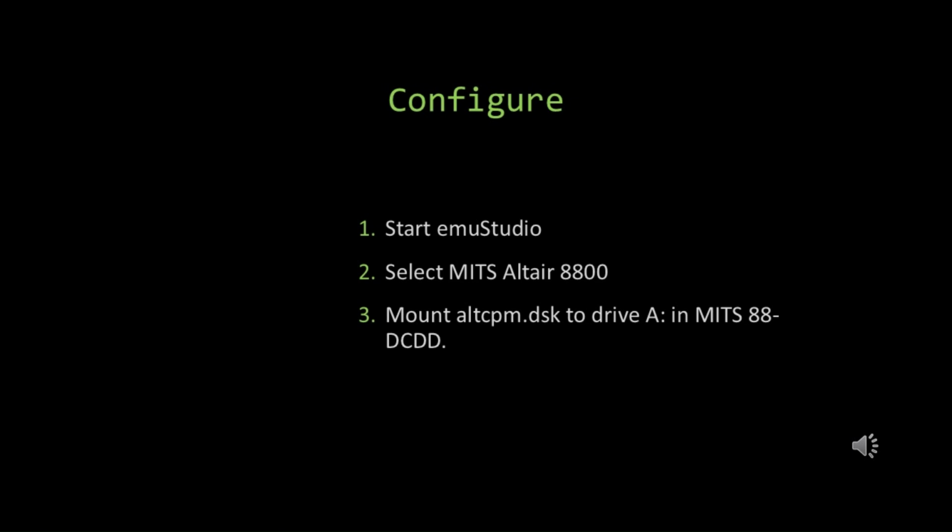Let's go look at our procedure. Now we're going to configure. Basically, we're going to start emuStudio and configure the 8800 to use the disk image that we downloaded. All right, so let's have a go there.